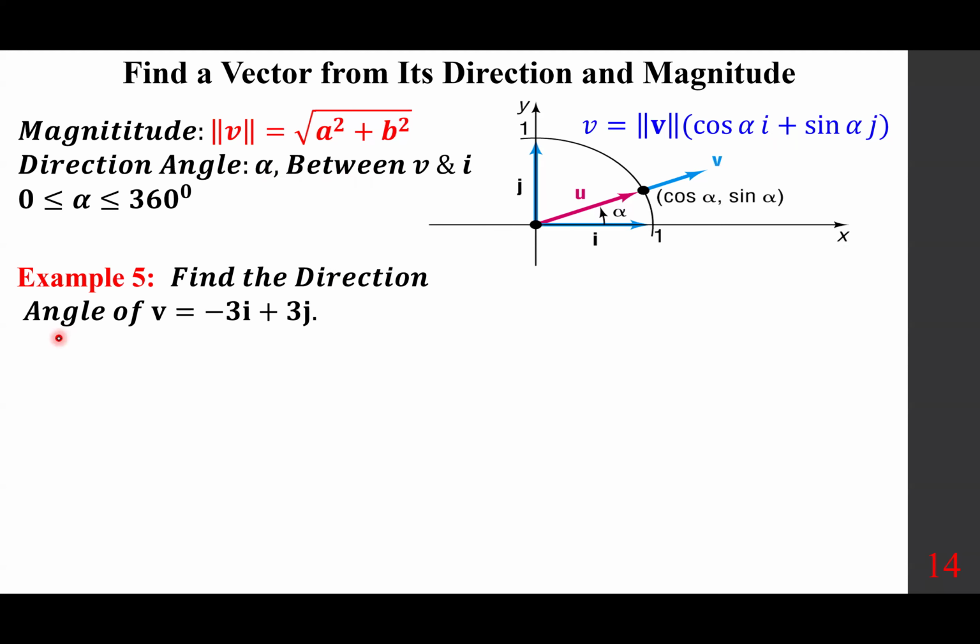Find the direction angle of V equals negative 3i plus 3j. So first and foremost, let's graph this. So we go 3 units to the left because it's minus 3, and 3 units up.